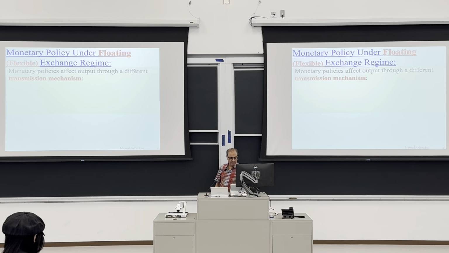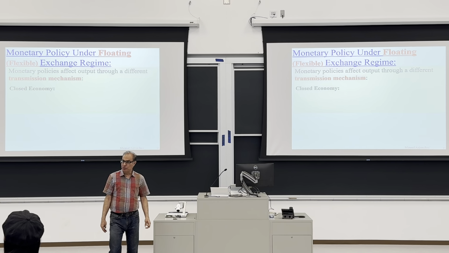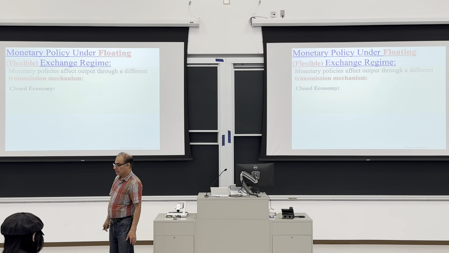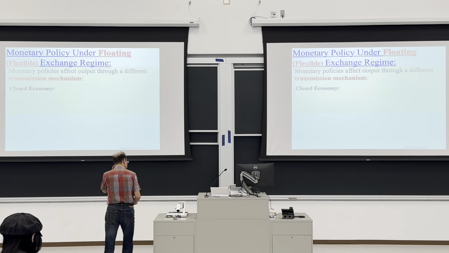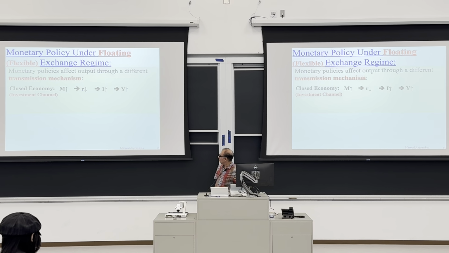So you see, monetary policies, exactly like fiscal policies, are affecting output in a different way. In closed economy, remember, monetary policies, M goes up, they led to lower interest rate. Please double check chapter 11 and 12. So investment went up, output went up.